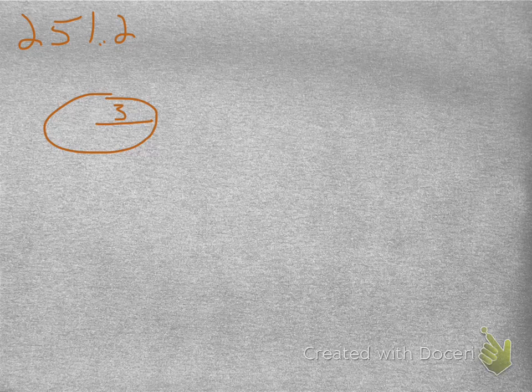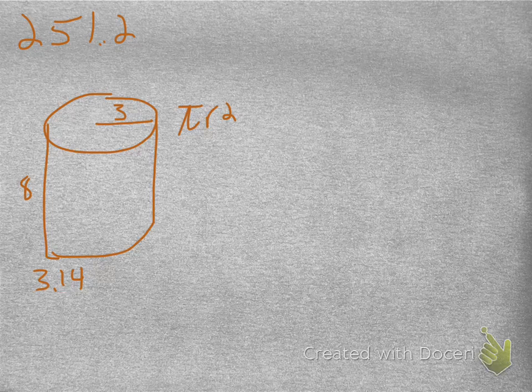Radius is 3. Height is 8. Same exact thing. We're going to go pi r squared. Pi is 3.14. Alright, what's my radius? 3. Squared? You get 28.26.